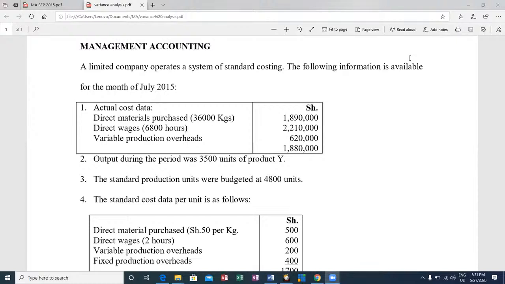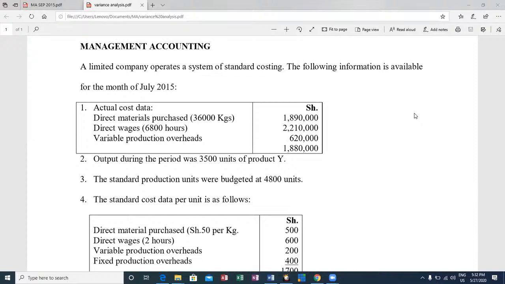Now from there, ladies and gentlemen, we pick the second item. I can see the actual labor cost, or the actual wages. In brackets, they have given me the actual number of hours. The actual number of hours was 6,800 hours, which gave us 2,210,000.